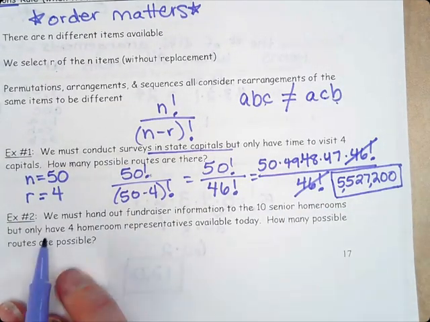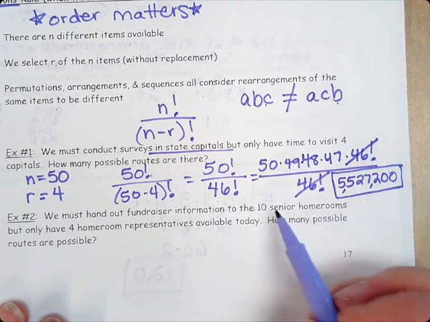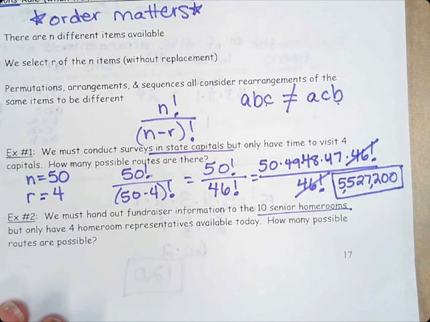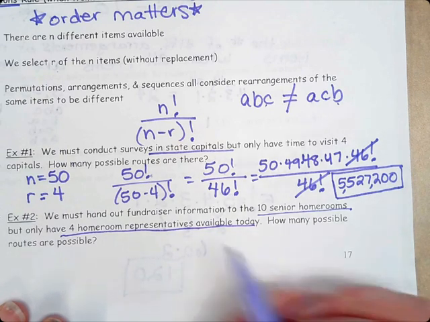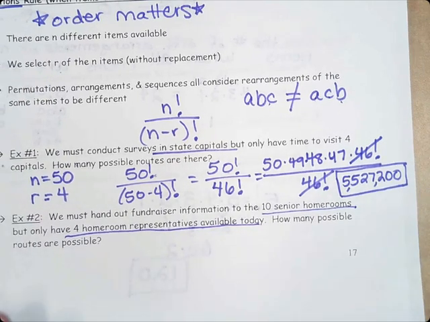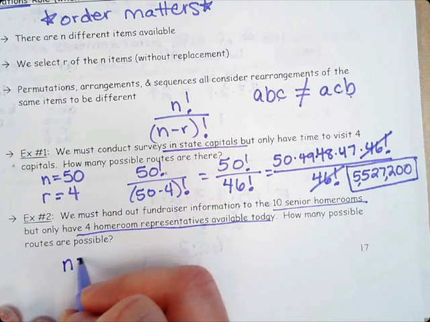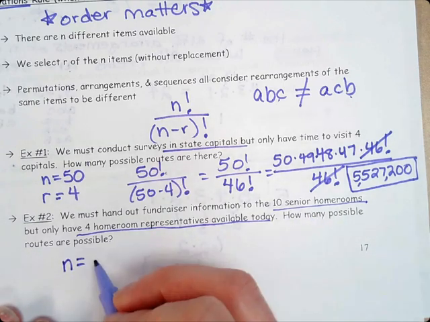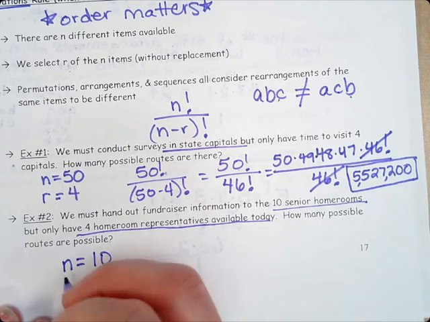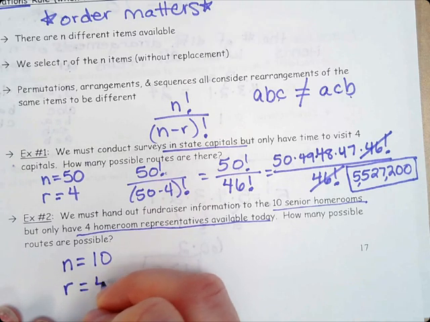Okay, example 2. We must hand out fundraiser information to the 10 senior homerooms, but only 4 homeroom representatives are available today. How many possible routes are available? So we have our total amount is 10, but we're only choosing 4.